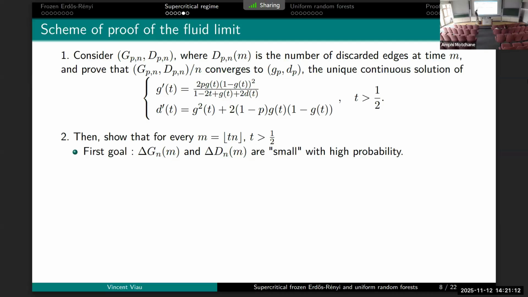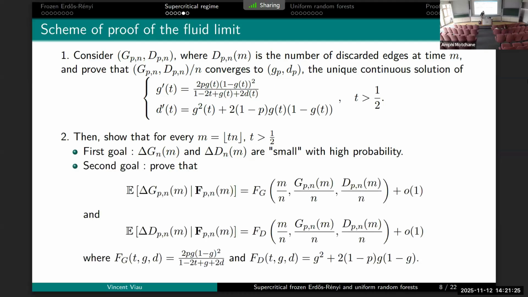And the second point is that we want a system of differential equations in the limit. So actually, what we want to prove is that the conditional expectations of the jumps verify the same system of differential equations.